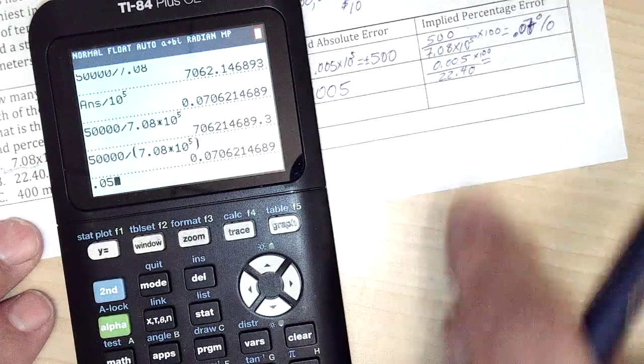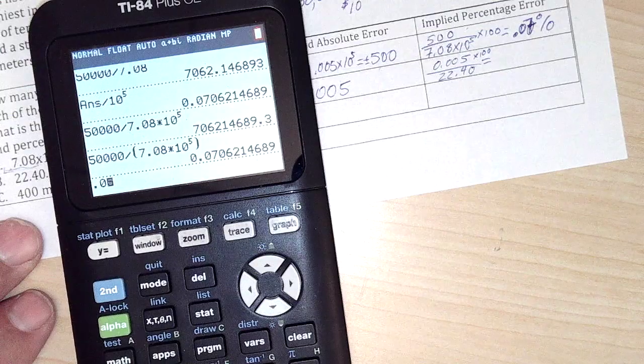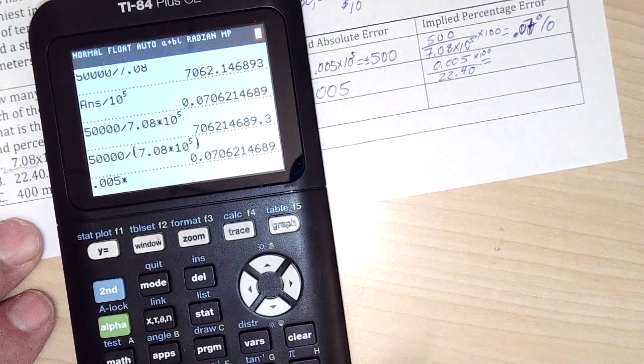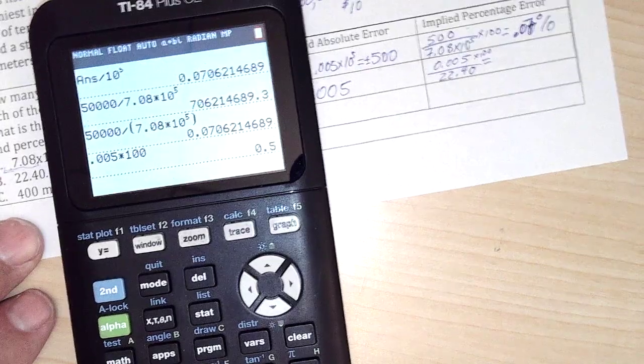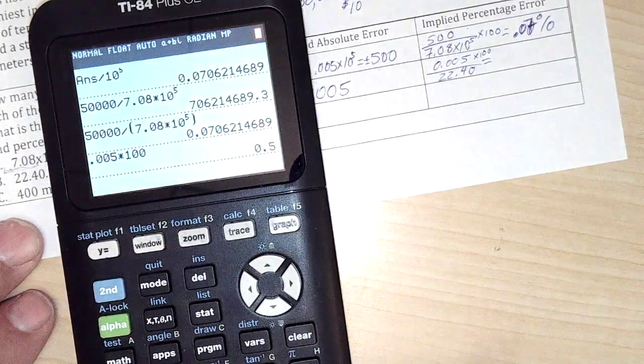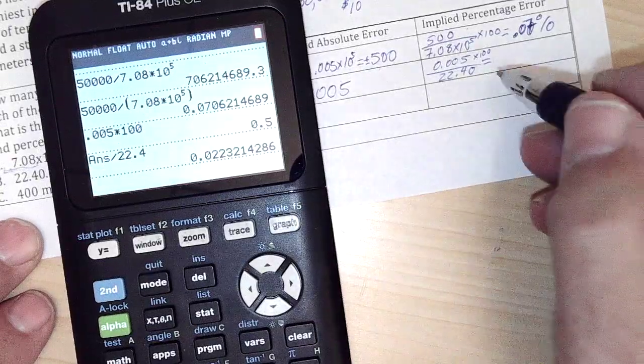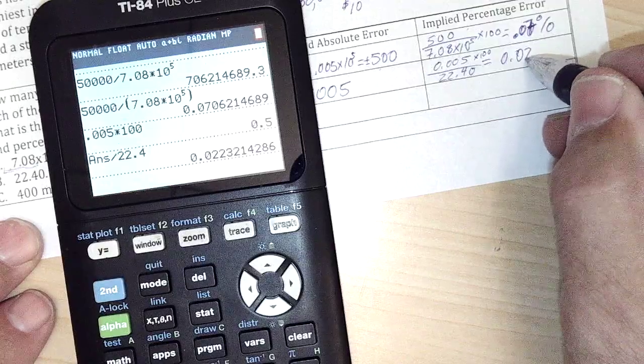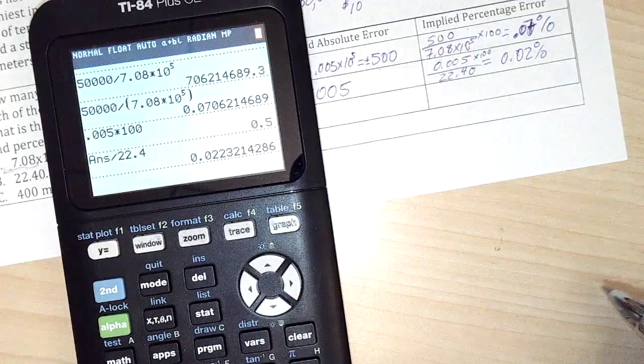I better type it all in, 0.005 times 100 divided by 22.4, and I get 0.02% error.